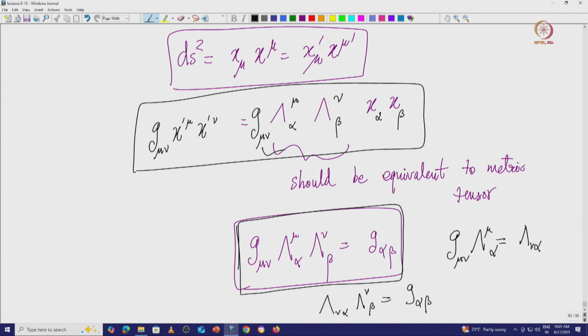Okay, now you can raise alpha on both sides, this you can do. Okay, I should be careful.